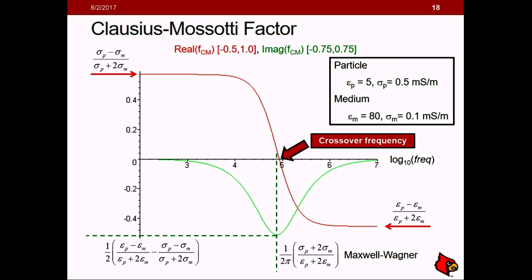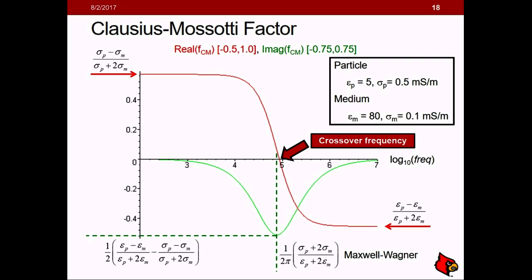And as mentioned earlier, when we talk about polarization, at low frequencies, conductivity dominates, and that's illustrated here. And then at higher frequencies, permittivity dominates. And in between, you have the dispersion from one dominant mechanism to the other.